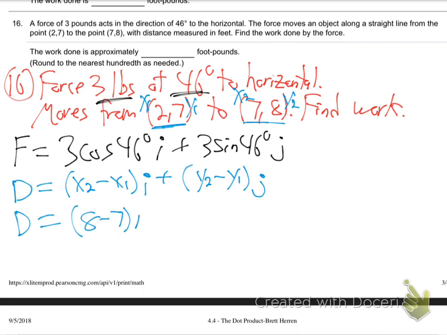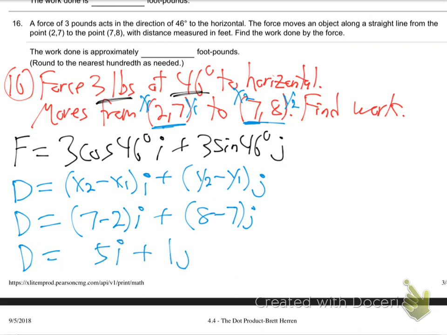Oh, wait, I did the wrong ones. Let's try it again. 7 minus 2 i and 8 minus 7 j. So what is that? That's 5i plus 1j. Good, we got the distance vector. We got the force vector. Dot them. Use your calculator.